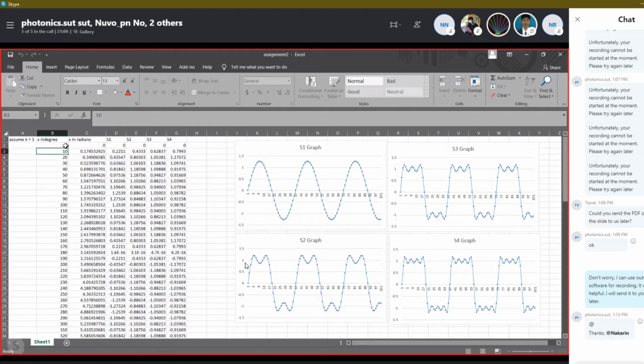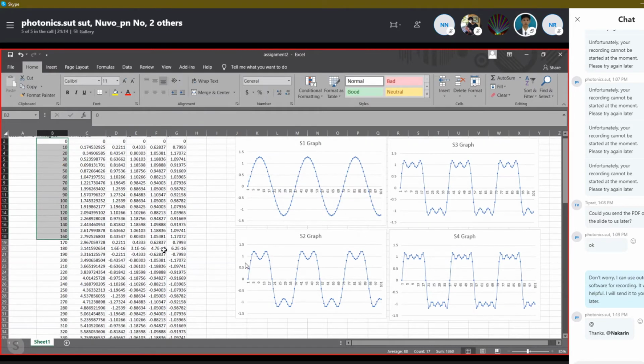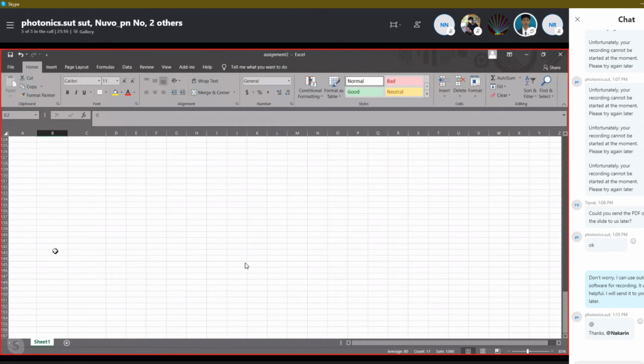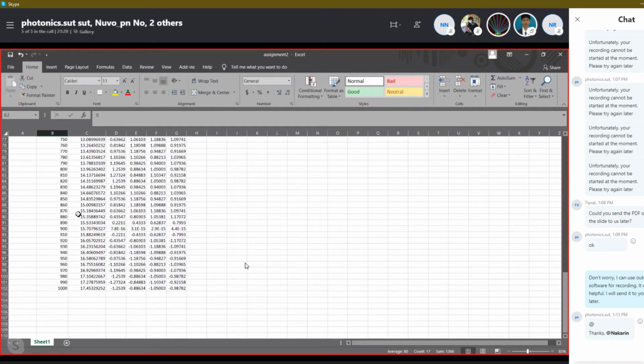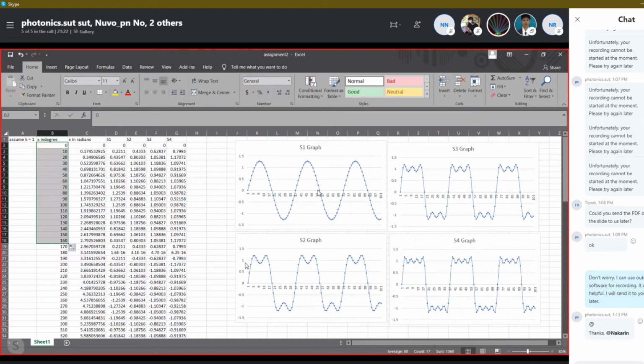I drag it like this, and I use 1000 degrees.